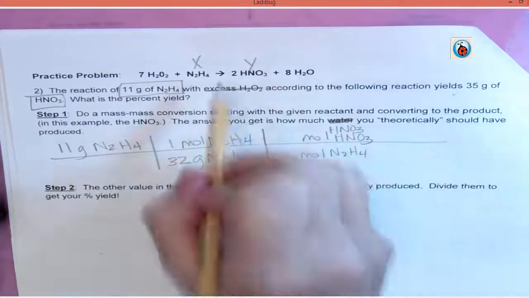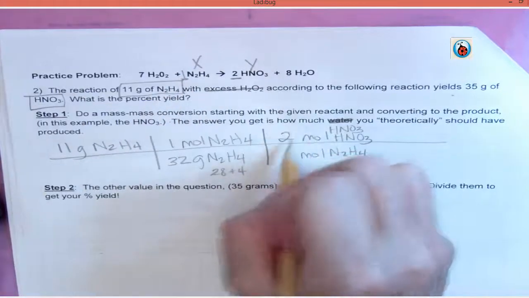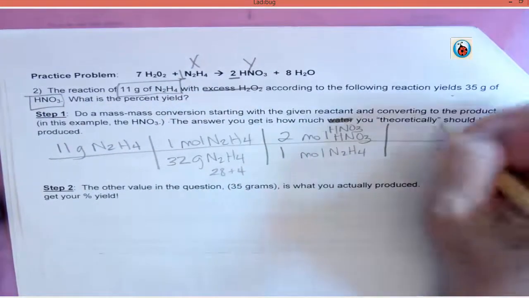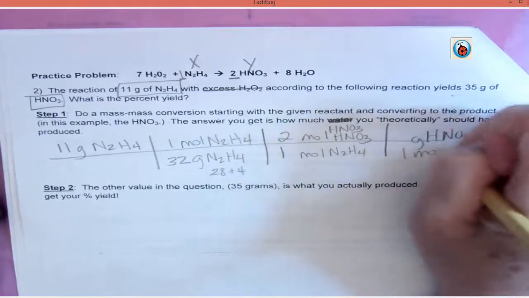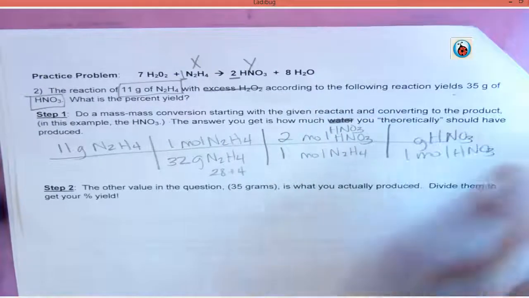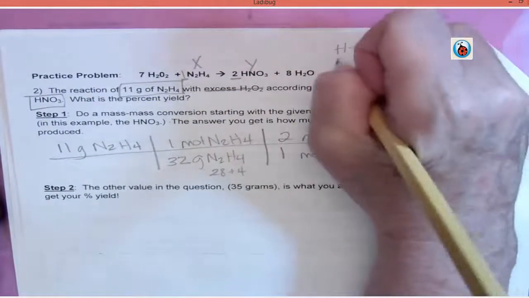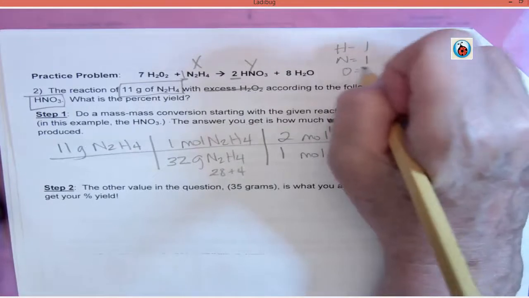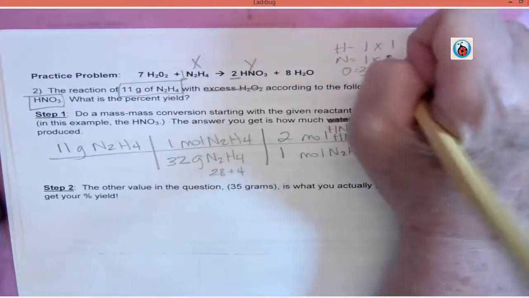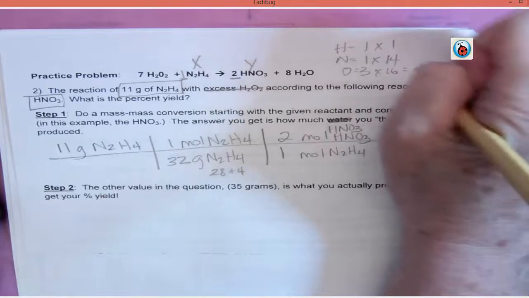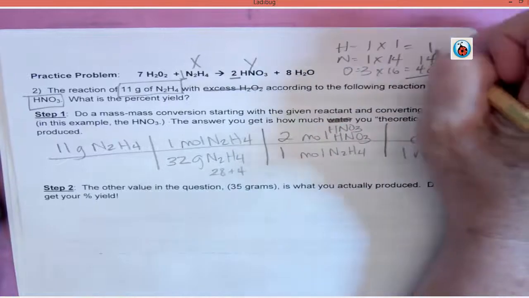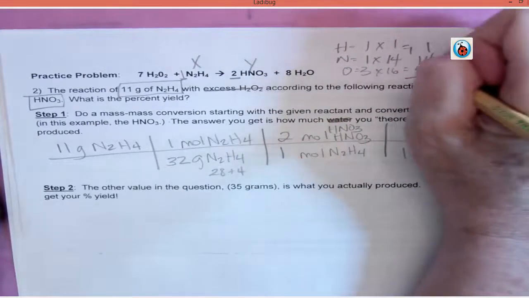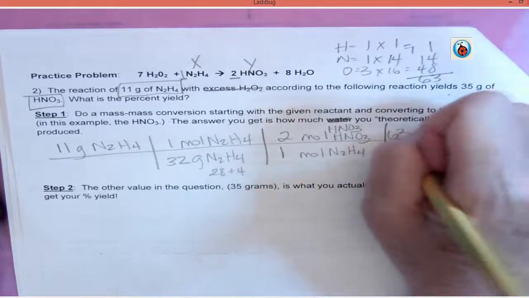HNO3. So it's a 2 to 1 ratio. And then I need my molar mass of HNO3 over 1 mole of HNO3. So what's my grams? I've got hydrogen's 1, nitrogen 14, oxygen 3. So 48 plus 14 plus 1 is 63 grams.